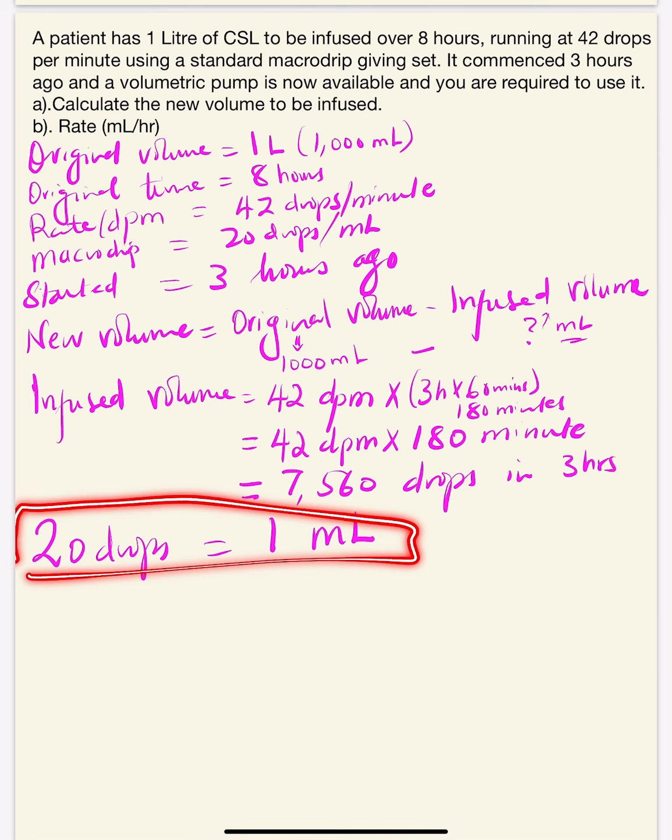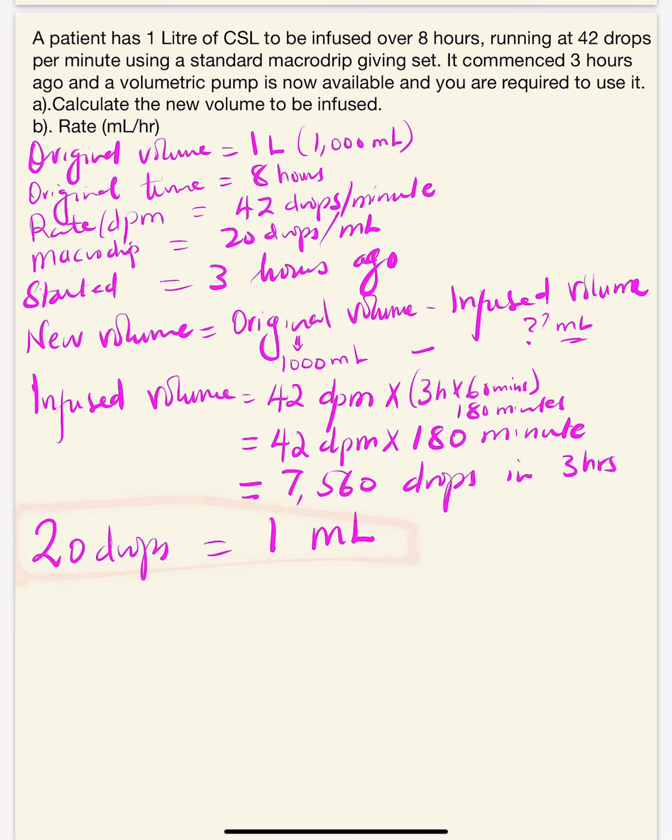This is more to do with science. It never changes. If you're using a standard giving set, those 20 drops will give you 1 milliliter. So we can ask ourselves, the 7,560 drops are how many milliliters? If for every 20 drops I get 1 milliliter, you could cross multiply to find your milliliters.